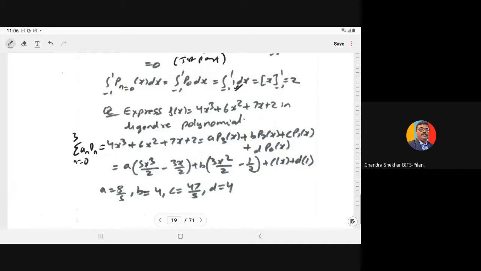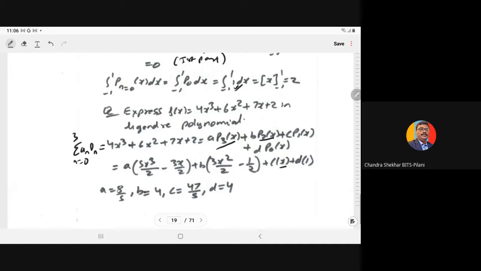Now, what is the value of P3(x)? P3(x) is equal to 5x cube upon 2 minus 3x upon 2. Similarly, what is the value of P2? P2 is 3x square upon 2 minus 1 by 2. What is the value of P1(x)? It is x. And what is the value of P0? That is 1.